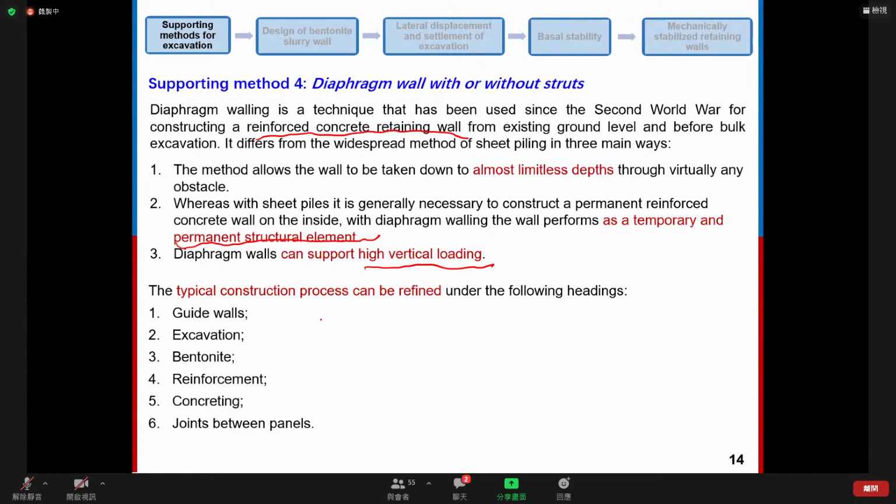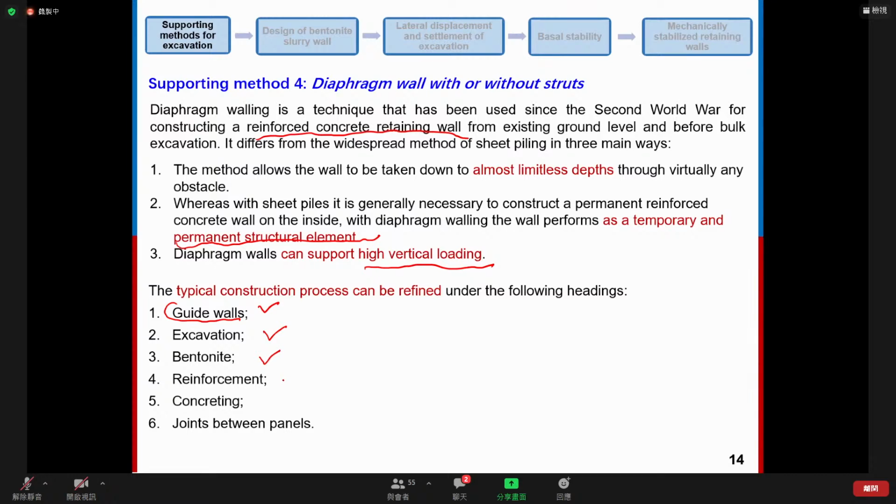Okay. The typical construction process of diaphragm wall can be summarized as follows. So firstly, we need to construct a guide wall. And then we do the excavation to form a panel. And then we fill the panel with bentonite slurry.